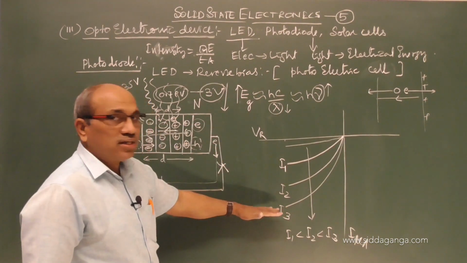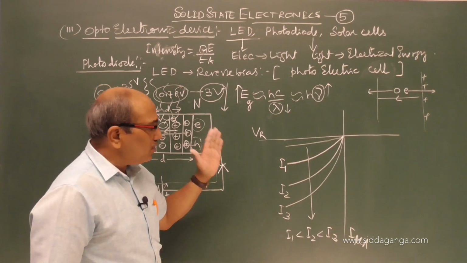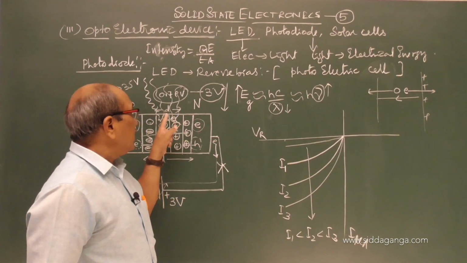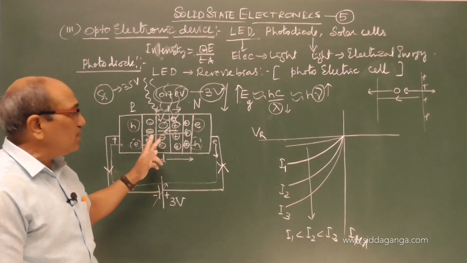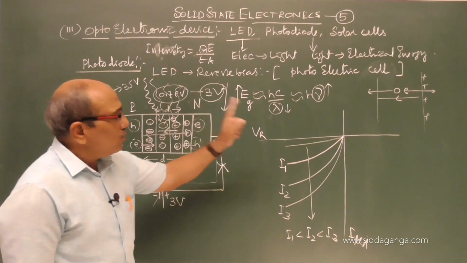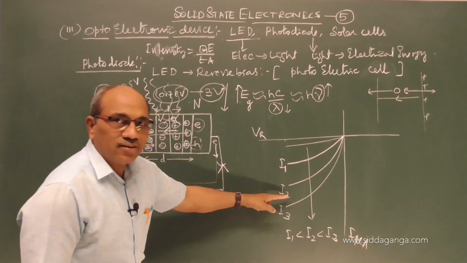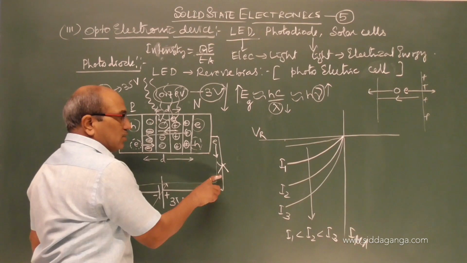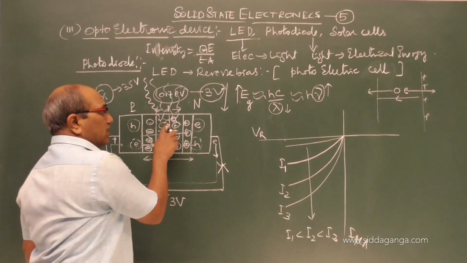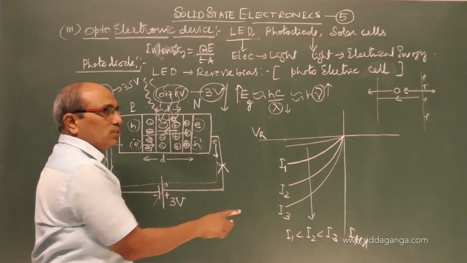Changes in the reverse bias current give you information that radiation is incident on this junction. A particular radiation when incident generates current which changes the saturation current. When the saturation current is changing, the reverse bias current is changing, some radiation is striking the junction. That is what we use it to detect.